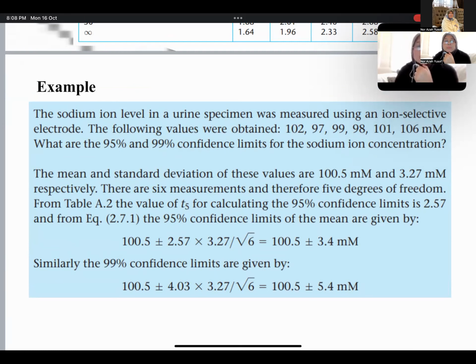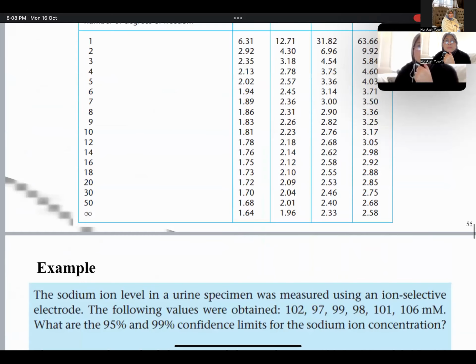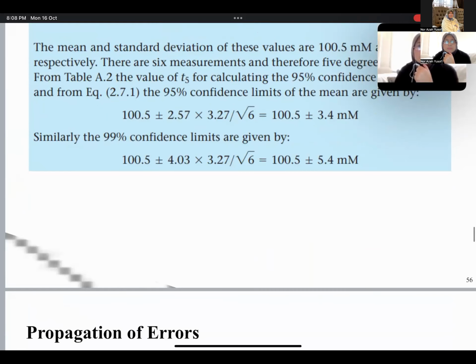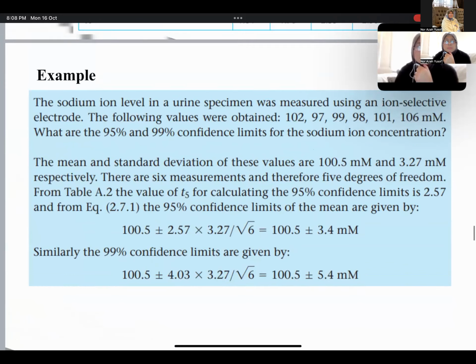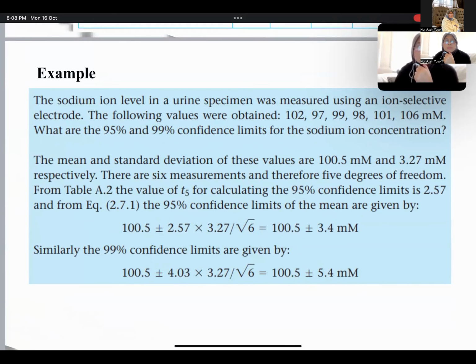First is the mean value plus minus 2.57. This 2.57 we can obtain from Table A.2, looking at the level of 5 samples and 95%, which is equivalent to 2.57, and then we multiply by 3.27, which is the standard deviation, and divide by the square root of the sample size, and this is the data. Okay.